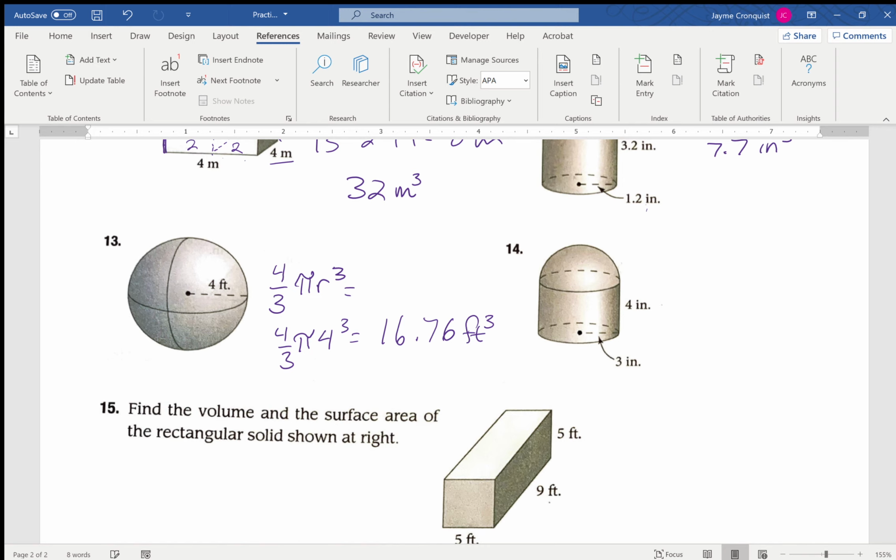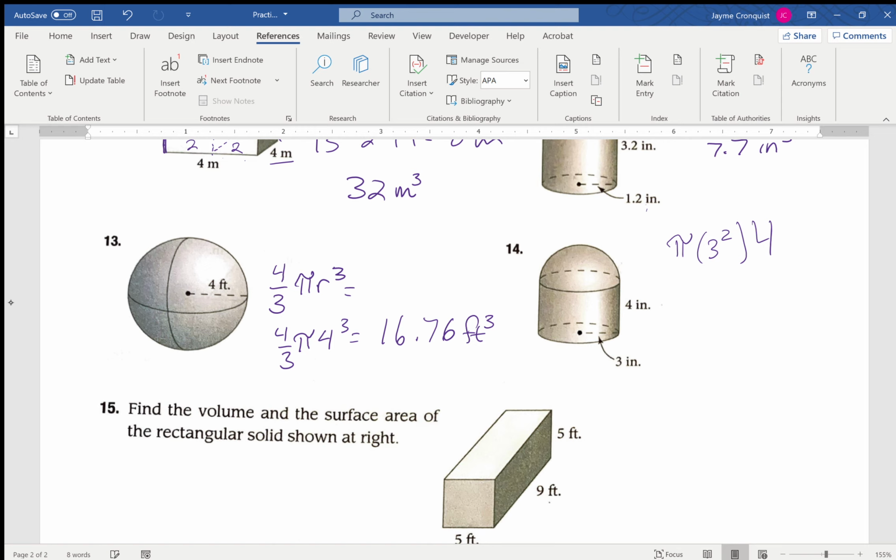Okay, so the volume of the cylindrical prism is pi r squared h. So it's going to be pi times 3 squared times h, which is 4. That's the volume of that portion.